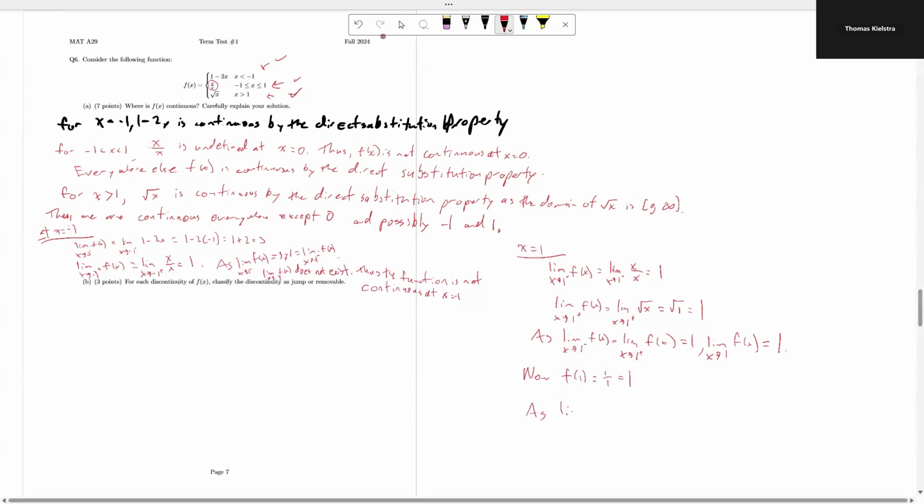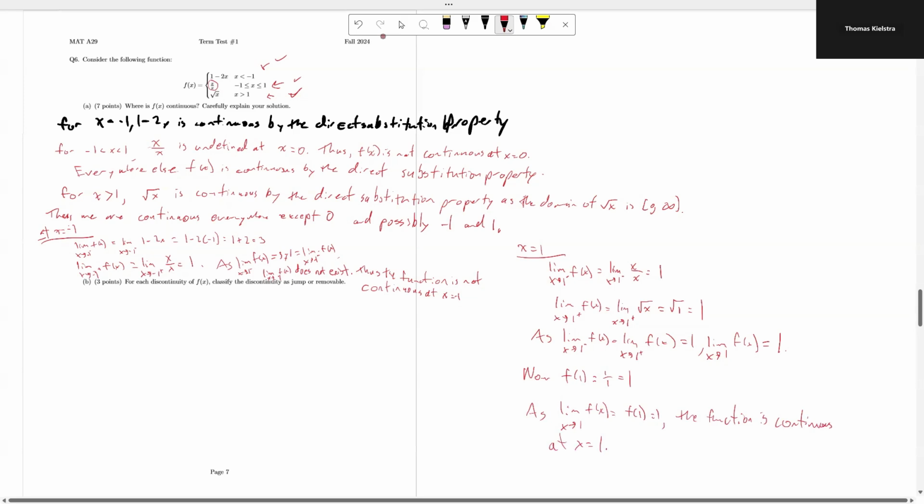As the limit as x approaches 1 of f of x equals f of 1 equals 1, the function is continuous at x equals 1.